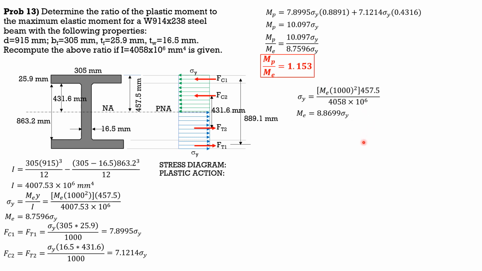That would be 8.8699 sigma y, while the plastic moment remains the same. So MP over ME equals 10.097 sigma y over 8.8699 sigma y. So therefore the ratio is 1.138 or 1.14. This is 1.15, so it's very close. So that's it for this problem.